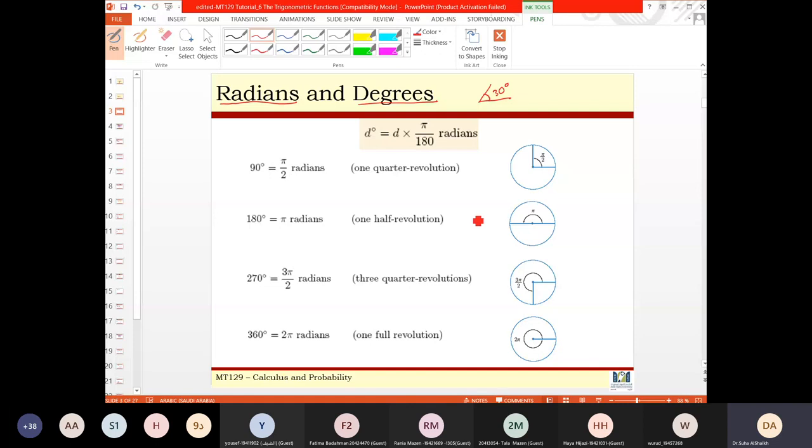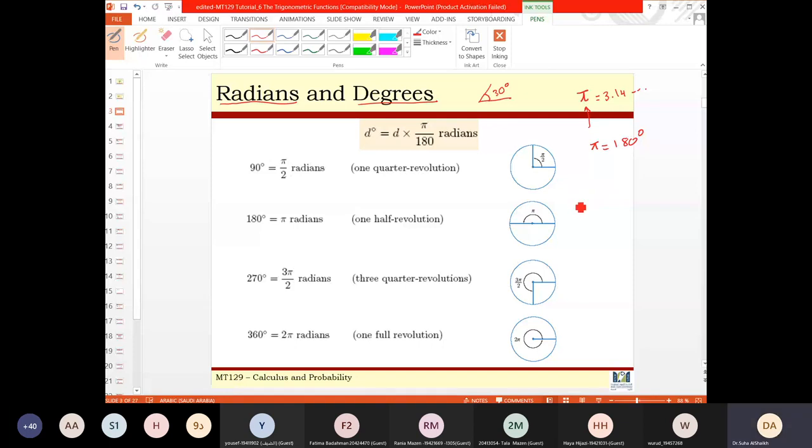We have the radian measurement, and the radian measurement uses pi. You have the pi in the calculator, which is 3.14 and so on. But the pi I'm talking about whenever I'm talking about trigonometric functions is 180 degrees. Did you ever hear about this?